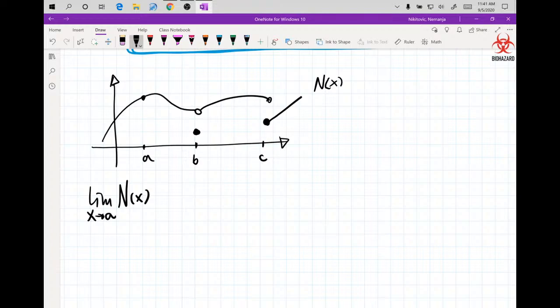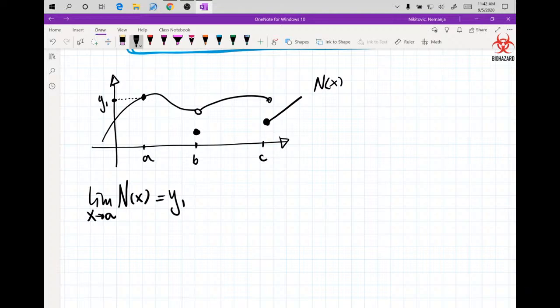What is the value there? Well, we see that this value here is going to give me some value. Let's call that value n of a, because that's what it is. It's whatever the y value is computing. But let's call it y1.